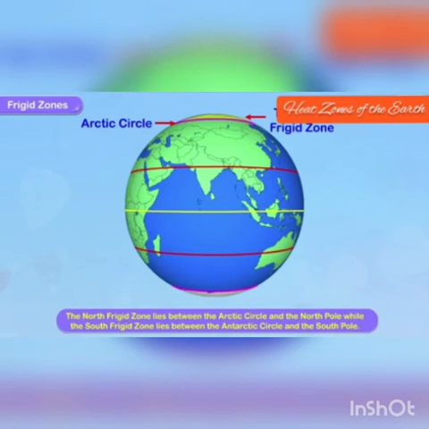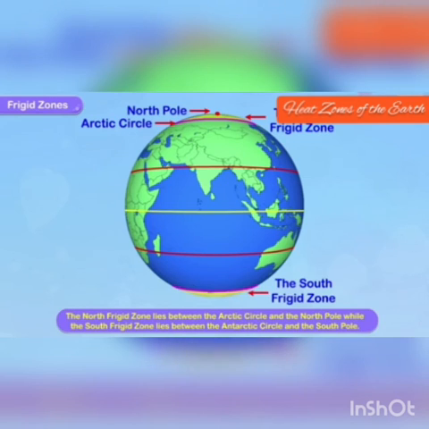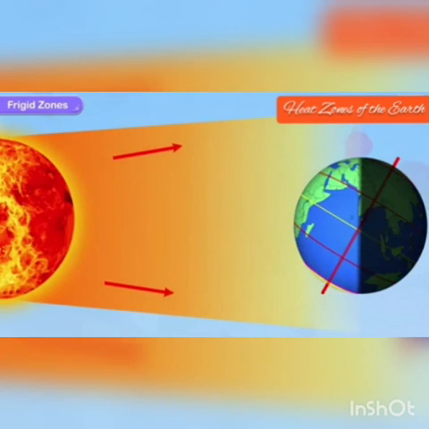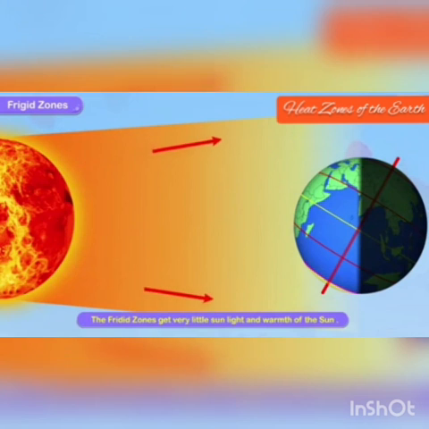The word frigid means very cold. North frigid zone lies between Arctic Circle and the North Pole, while the South frigid zone lies between Antarctic Circle and the South Pole. Being at the poles, the frigid zone gets very little sunlight and warmth of the sun.